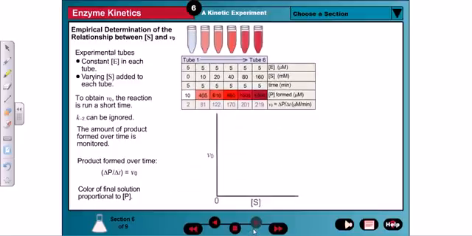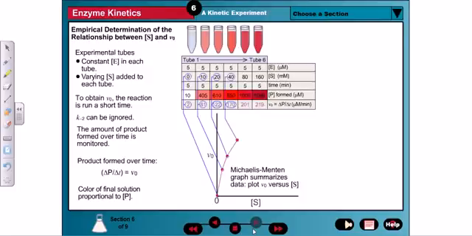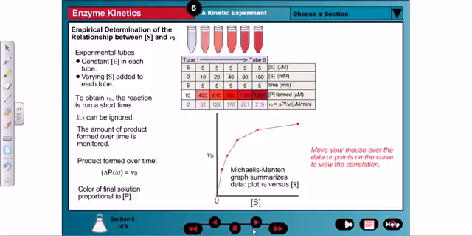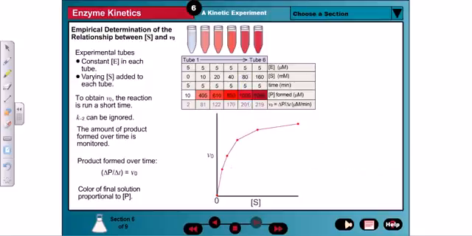A plot of initial velocity versus substrate concentration yields a hyperbolic curve consistent with the Michaelis-Menten model of enzyme activity. The important kinetic parameters Vmax and Km can be estimated from this graph.